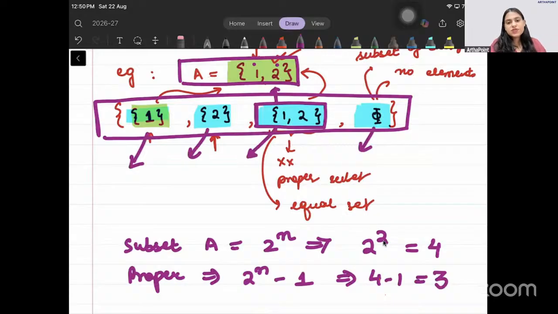Is null a proper subset of A? Yes. Null is a proper subset of A. Elements of the power set of A are also sets? Yes.